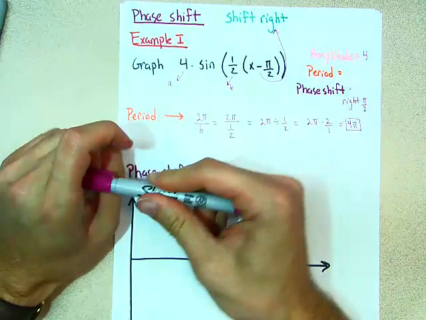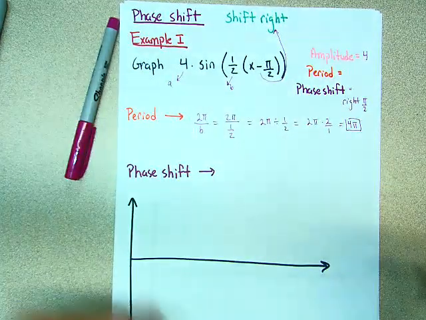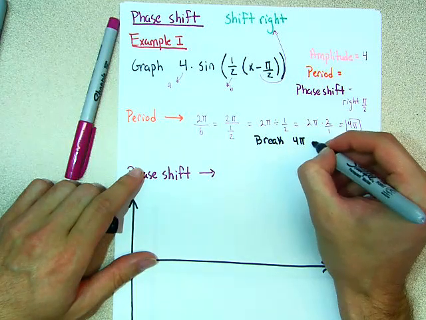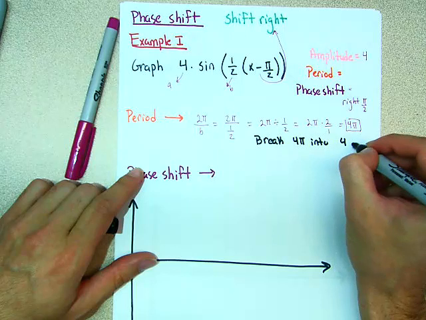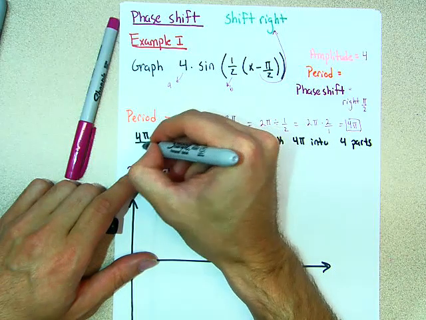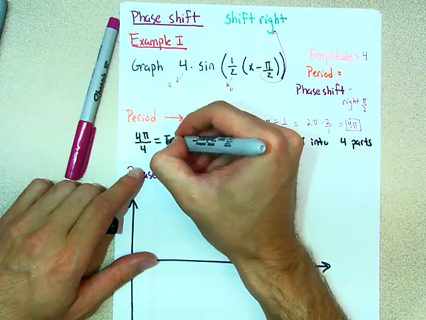And then what do we do with that 4 pi? Remember, we break 4 pi into 4 parts, and then how do you do that? You just take 4 pi, you divide it by 4, and we get pi.